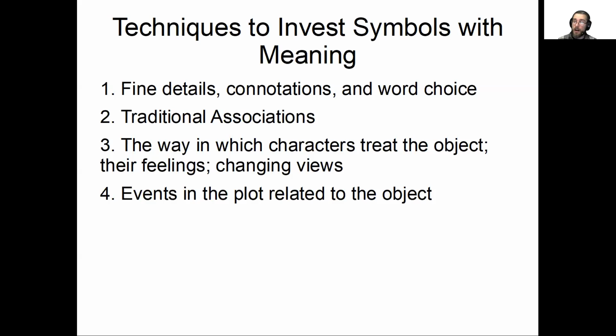Or perhaps this character, we learn, has a negative relationship with his father, and the watch is broken. The watch could symbolize the relationship between his father and this middle-aged man. So always look at characters, how they think about the object, what the relationship to the object is, and how that relationship might change over the course of the narrative. And then turn to the narrative itself. What happens to the object over the course of the story?